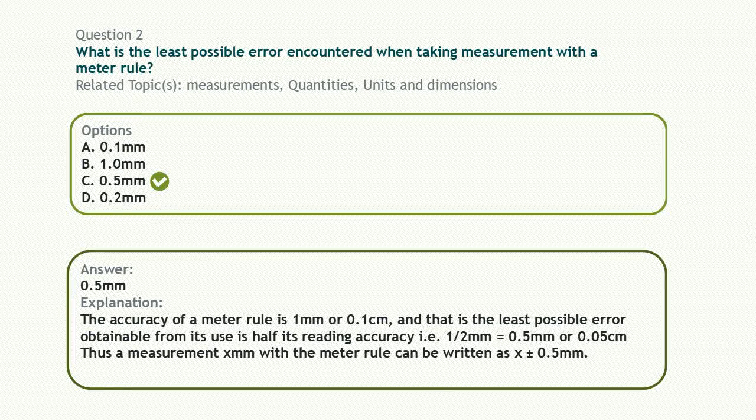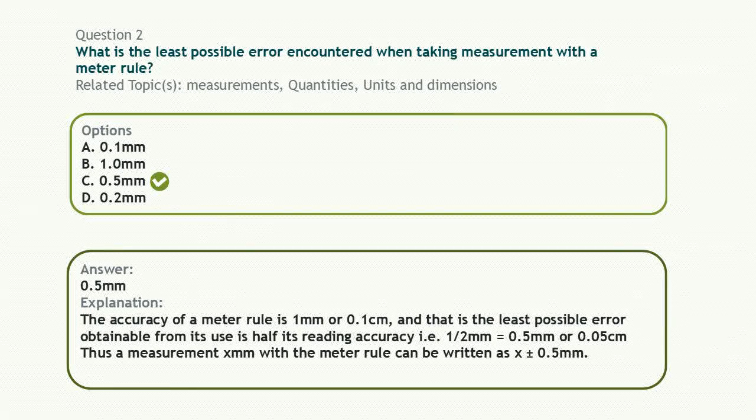That means that any measurement taken with a meter rule can be written as, let us say that the measured value observed by the person using the meter rule is x. We can represent that measurement as x plus or minus 0.5 millimeter. Let's say, for example, the measurement is 10. The person measured 10. Now we can take that measurement to be within the range of 10 plus or minus 0.5.